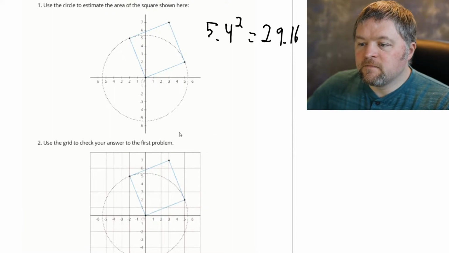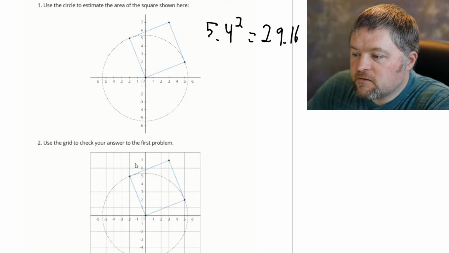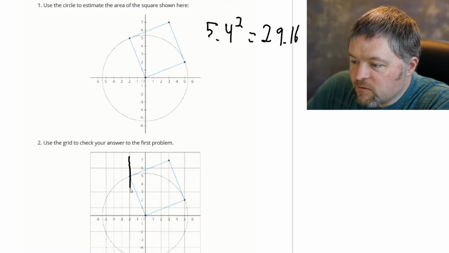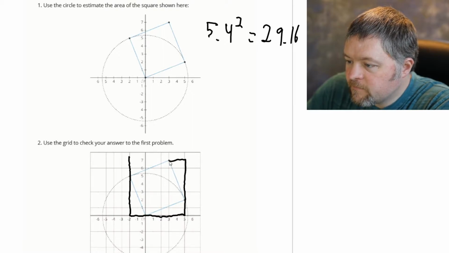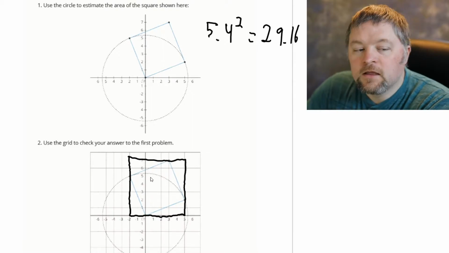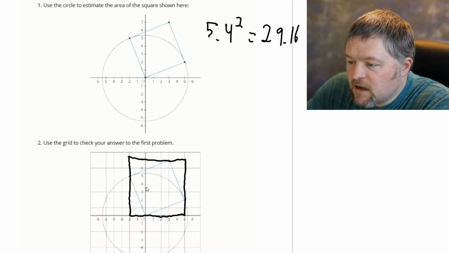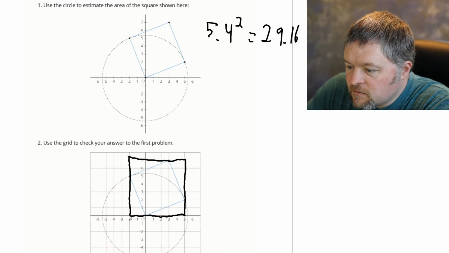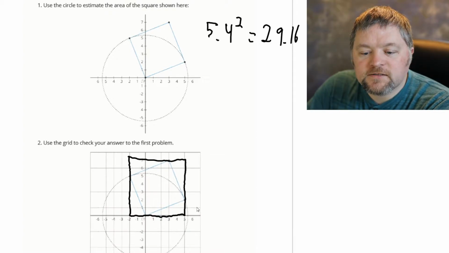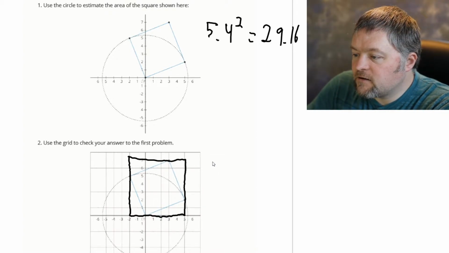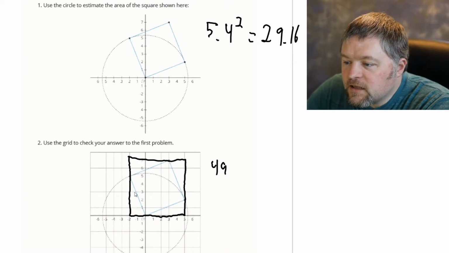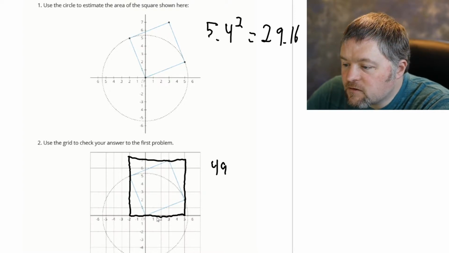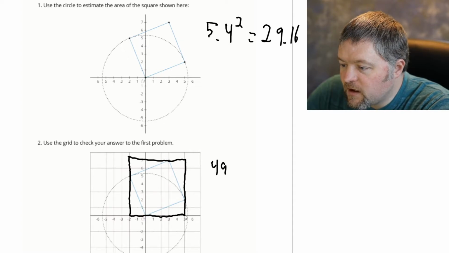our next problem says use the grid to check your answer. So as we've been doing, we can enclose that square. This outer square has a height of 7. From -2 to 5, that's also 7. 7 squared is 49. Now, what is the area of each of these four outer triangles? Well, that goes from 0 to 5.